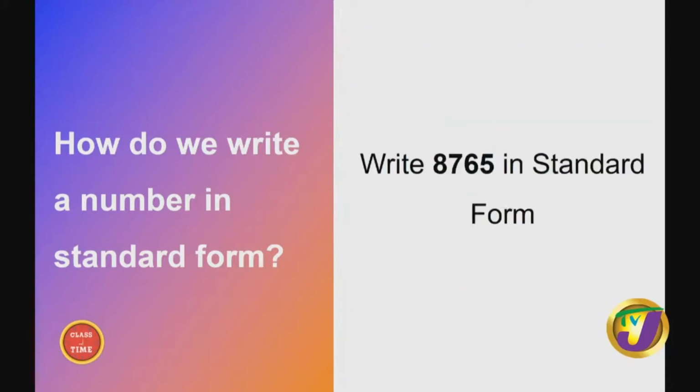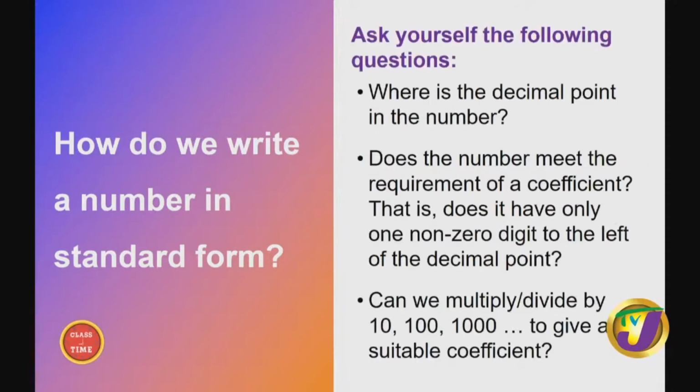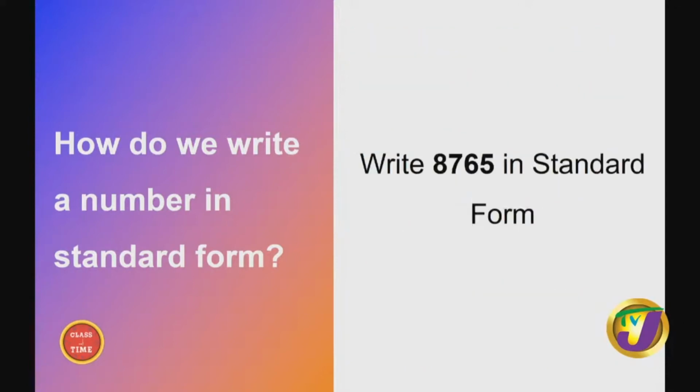All right, Brittany, take us through this one. I want you to write 8,765 in standard form, and I'm going to take us through the questioning. So our number is 8,765.